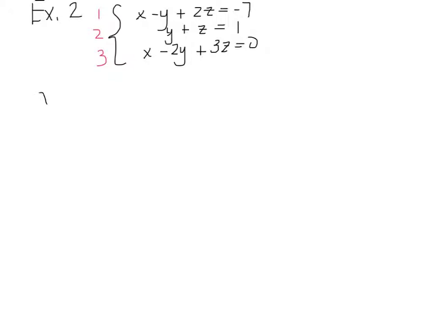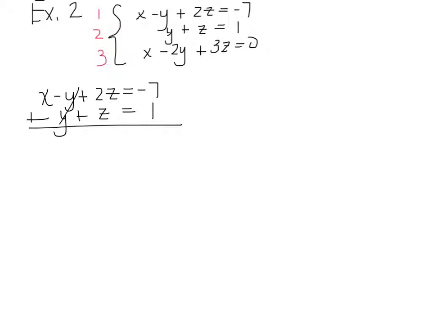So this is equation 1 and equation 2. So the y's cancel, and I have x plus 3z equals negative 6.